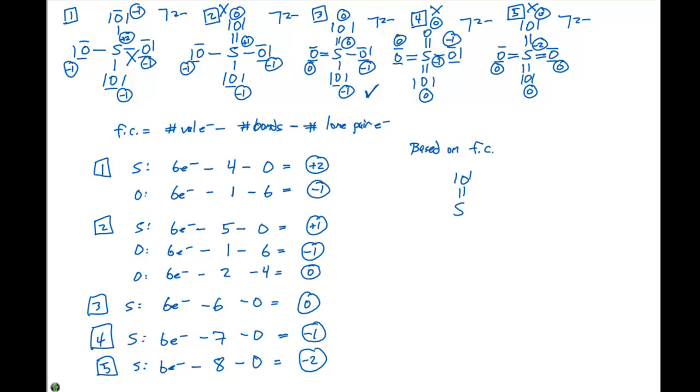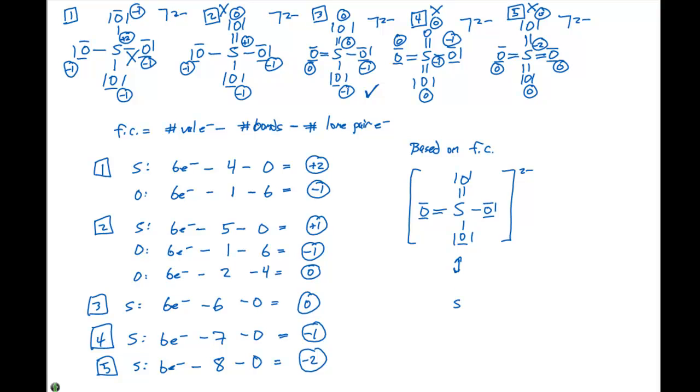would have 2 double bonds around the sulfur. Okay? Now we can also take this and we can draw our resonance structures from here.